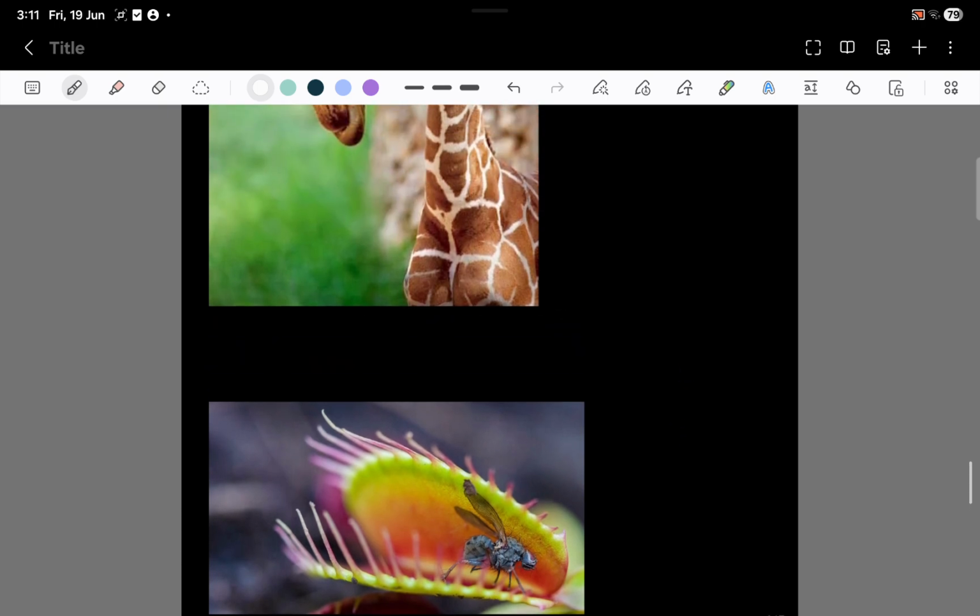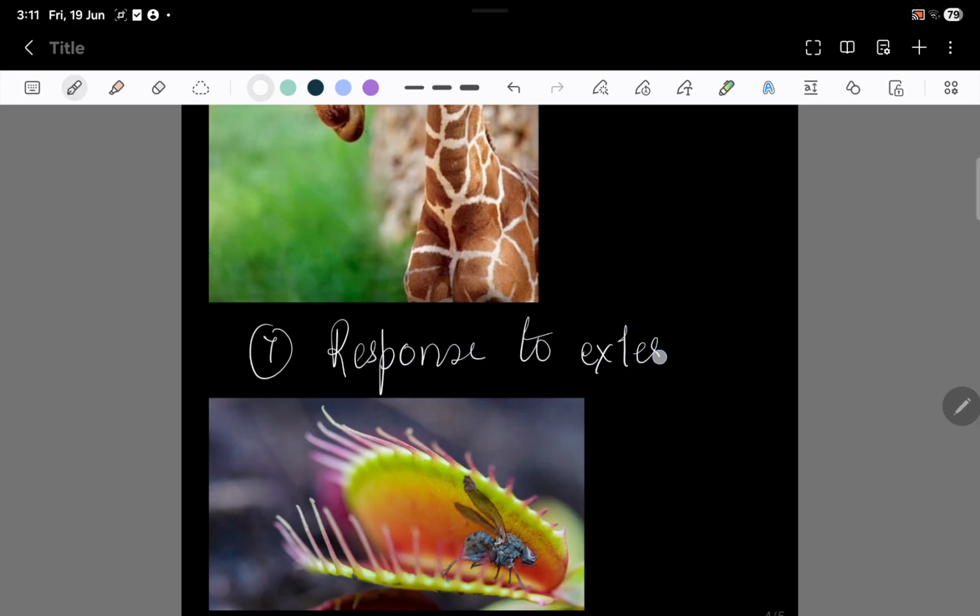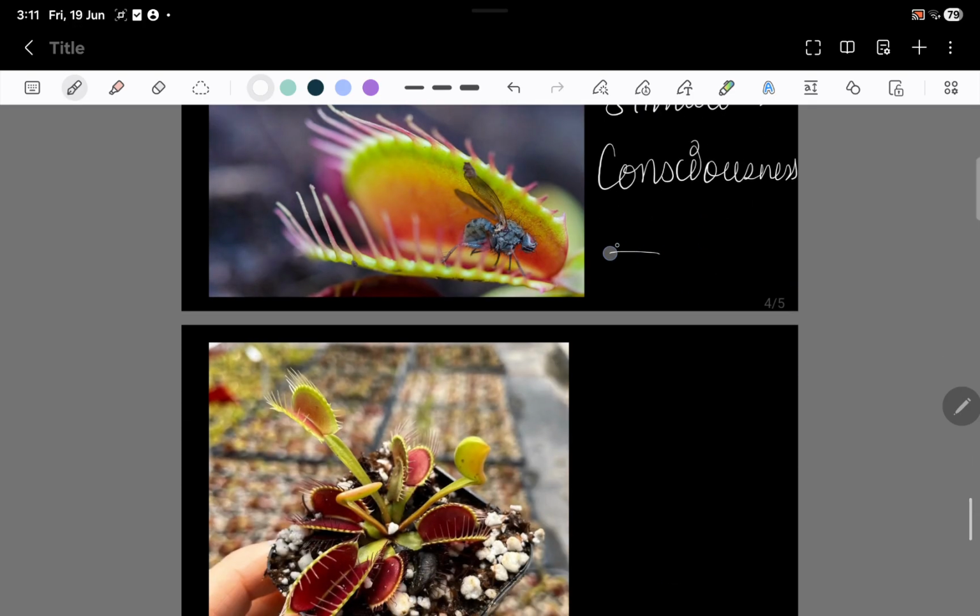Now, if I say response to the environment, to the external stimuli, response to external stimulus, that is consciousness. Okay, here you can see this Venus flytrap.